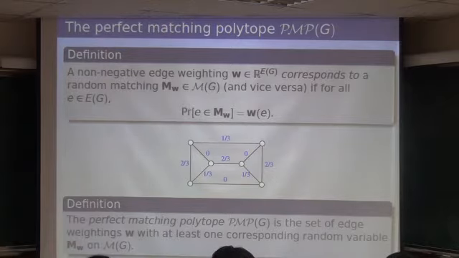If we have a non-negative edge weighting on a bridgeless cubic graph, we say that it corresponds to a random matching M sub W if for every edge, the weight on the edge is actually the probability that that edge is contained in the random matching.